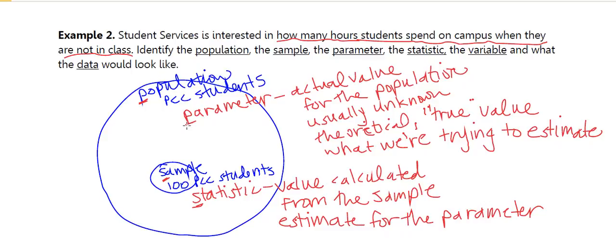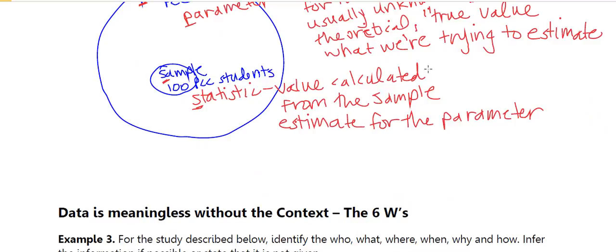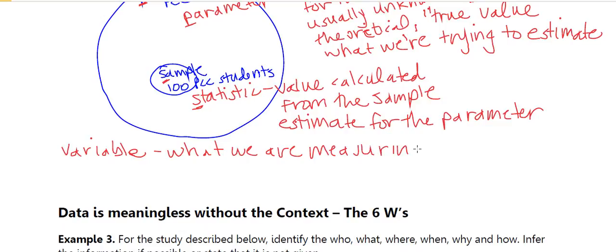So the variable, let me make a little more space. The variable is what we are measuring or asking. So in this case, it is the number of hours students spend on campus.